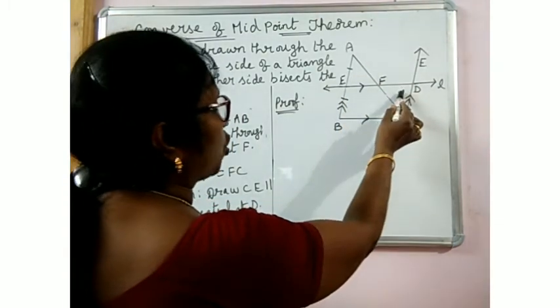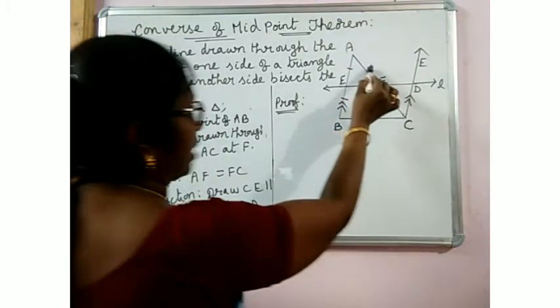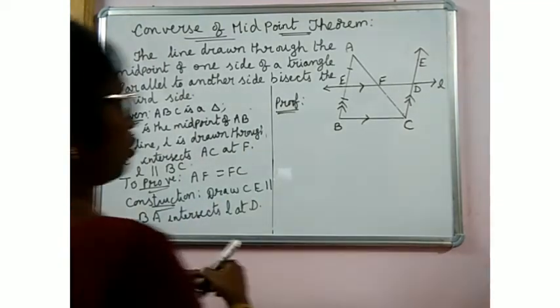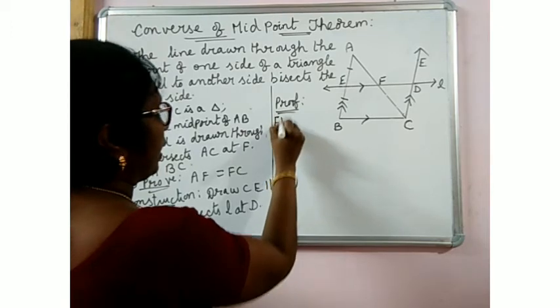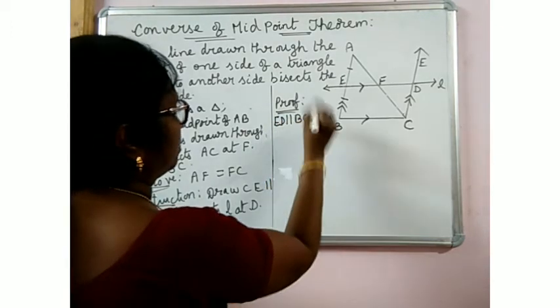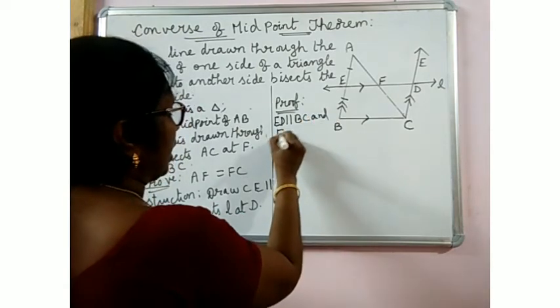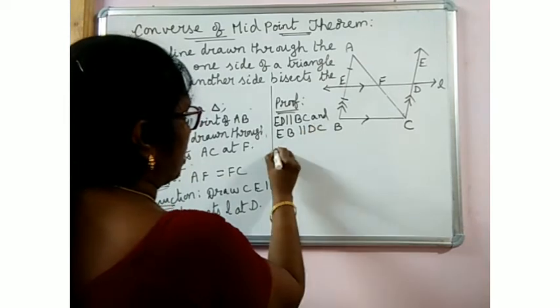Now we can make triangle AEF and triangle CFD congruent. Once we are able to show they are congruent, by CPCTC we can show that AF equals FC. So let us write the proof step. ED is parallel to BC and EB is parallel to DC.